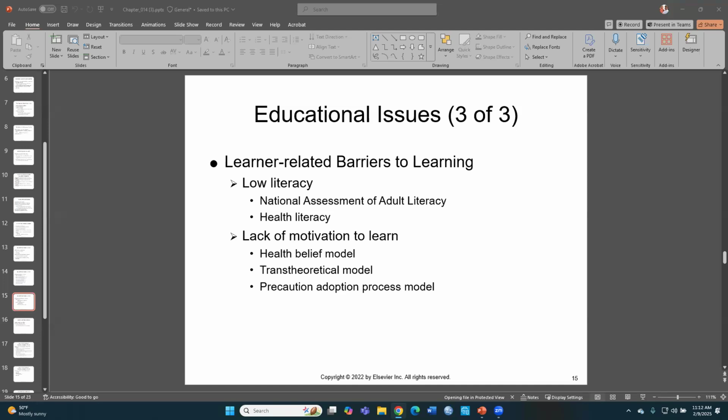They may not ask for clarification. They may focus on details and deal in literal or concrete concepts versus abstract concepts. They may select responses on a survey or questionnaire without necessarily understanding what they mean. They may be unable to understand math. So think about even calculating their own medications, that can be an issue.